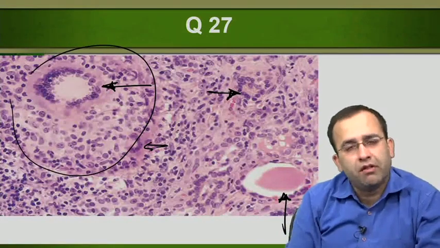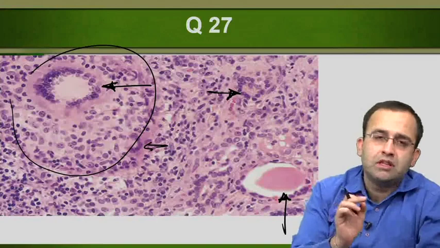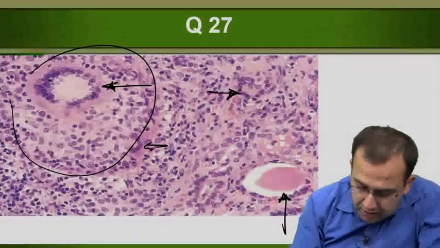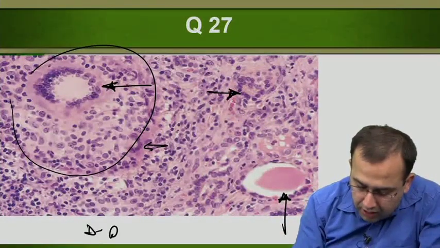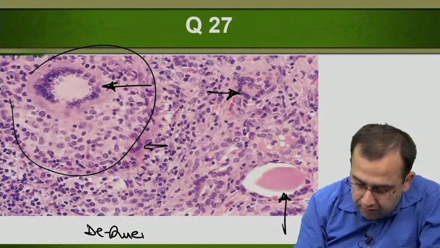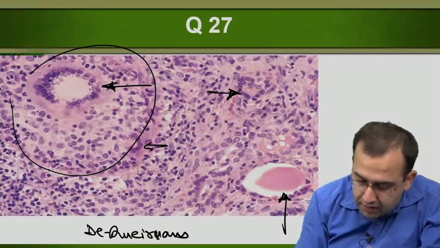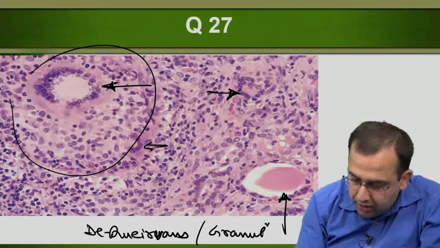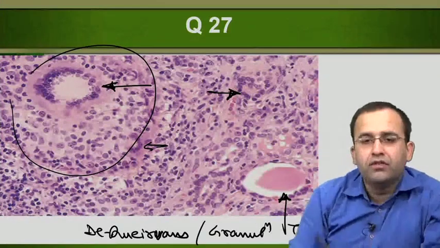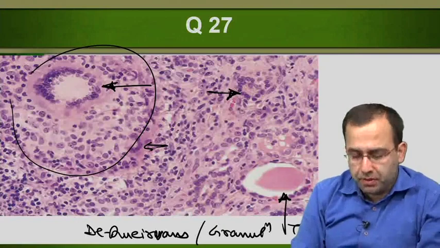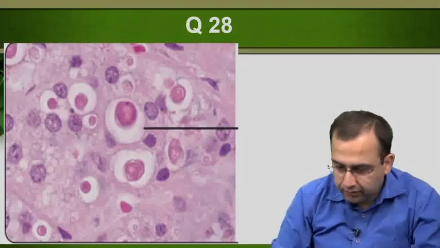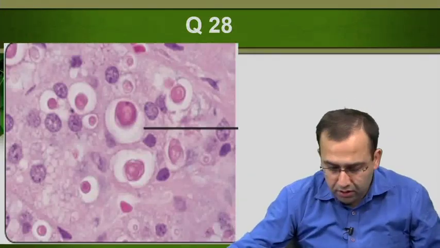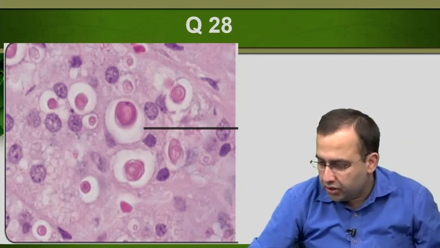This is the granuloma. Even if you are not able to identify it, you can see the giant cell. That is de Quervain's or granulomatous thyroiditis. This again is an important prospective slide. Thyroid.